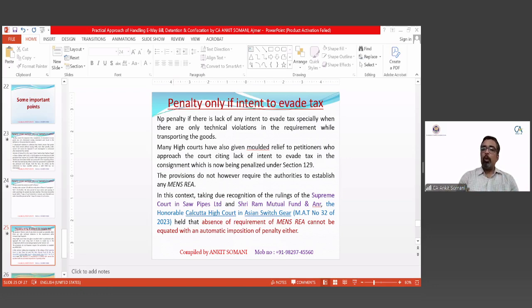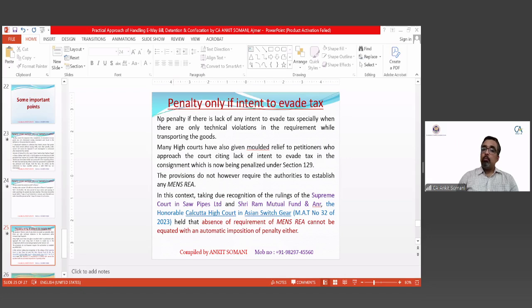This was absolutely baseless per se, and even the Supreme Court referred that the intention of keeping goods in a private place was absolutely questionable. The Supreme Court upheld the decision of the High Court and found that there was no fault and no intention to evade tax.